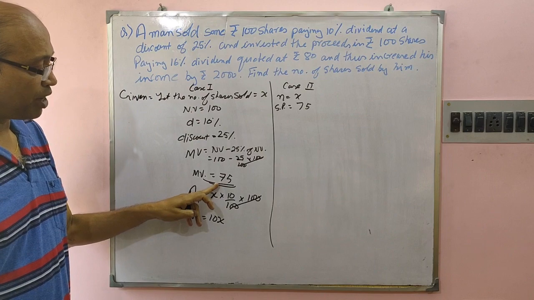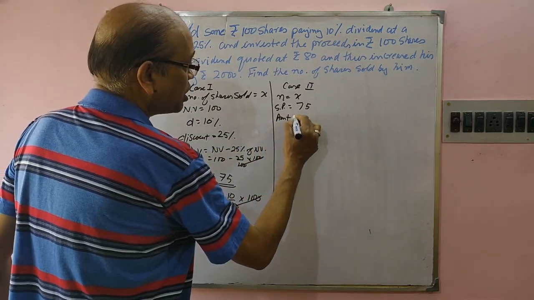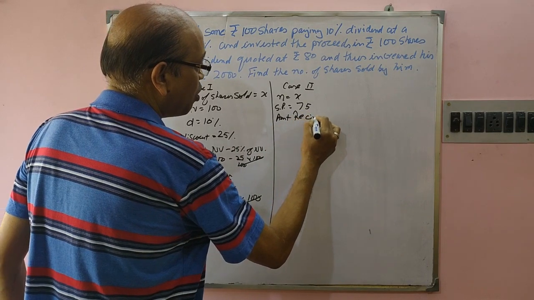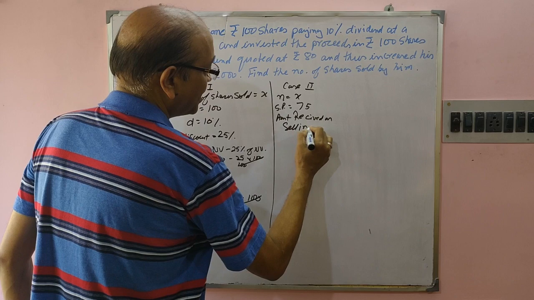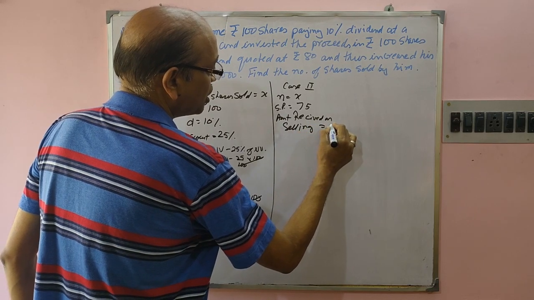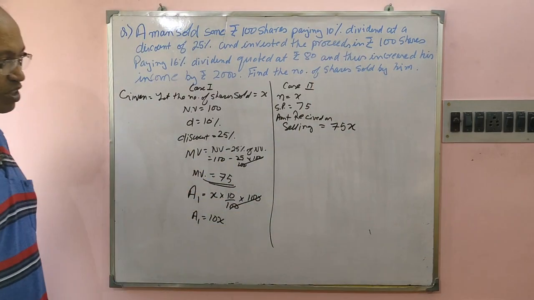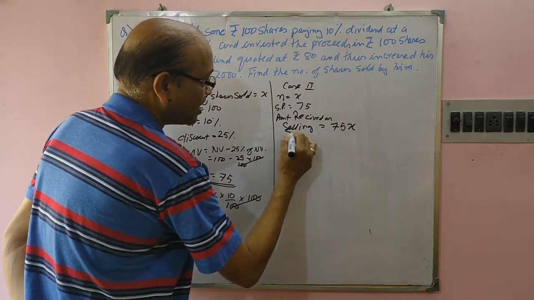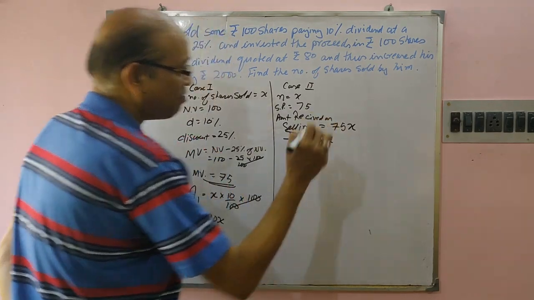Therefore, the market price was 75. Therefore, the amount received on selling is 75x, and that is his investment. Therefore the investment is 75x.